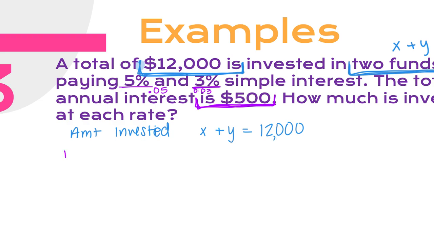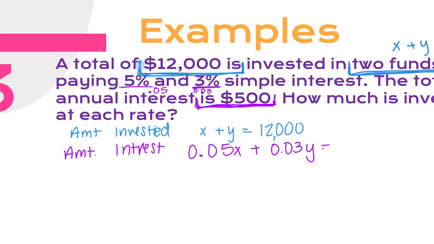Then I have my amount of interest, and that's going to be my one account, whichever account you want to call it, 0.05x plus 0.03y. And that equals my total interest, which is $500.